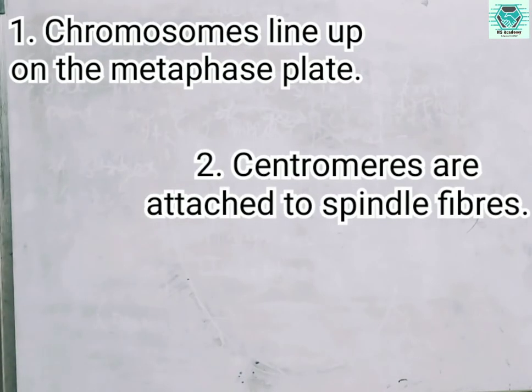And in the spindle, the chromosomes arrange and they form the metaphase plate. Here in the diagram, we can see the chromosomes. And they prepare themselves for the next phase.